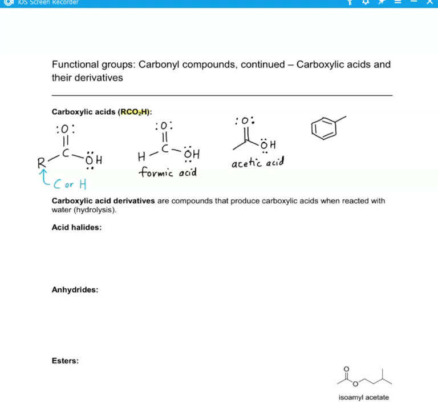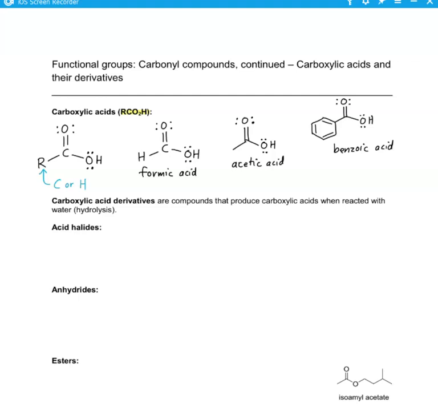Let's draw another carboxylic acid. This one you'll encounter a bunch. This is benzoic acid. So if you've ever eaten any junk food whatsoever, chips, soda, things like this, benzoic acid is probably in there along with its cousins and relatives, things that are based on benzoic acid.